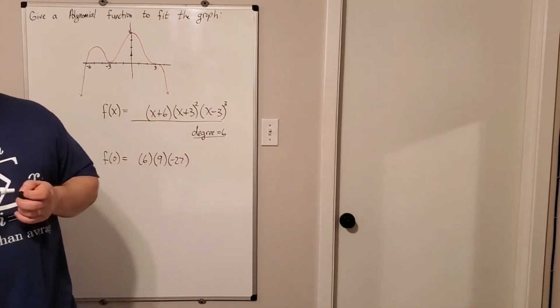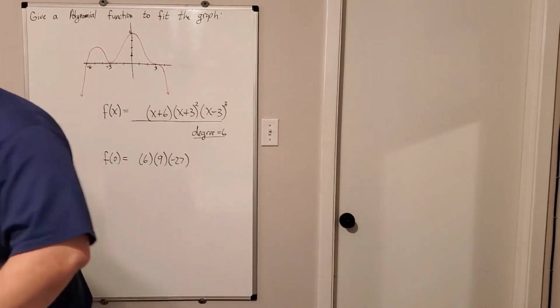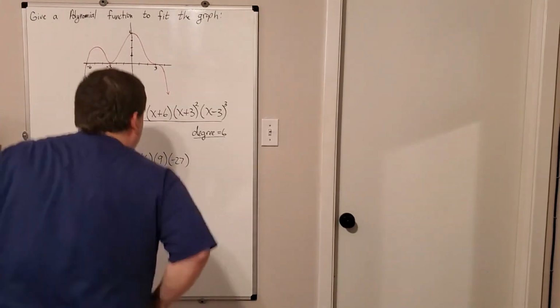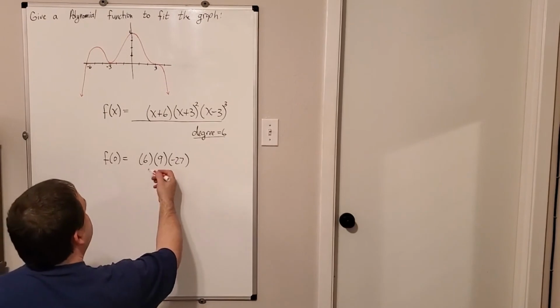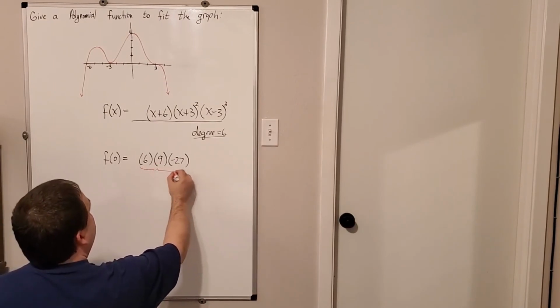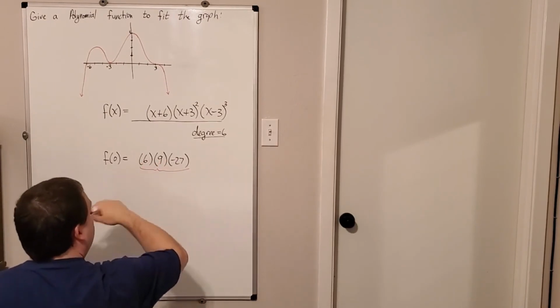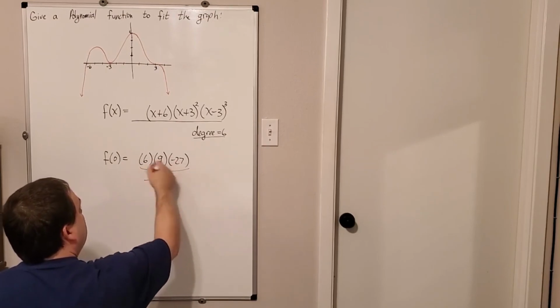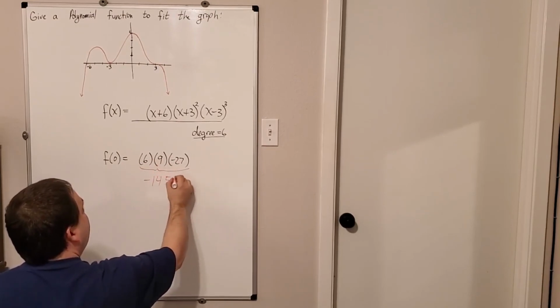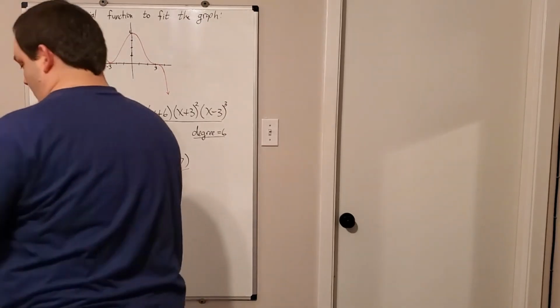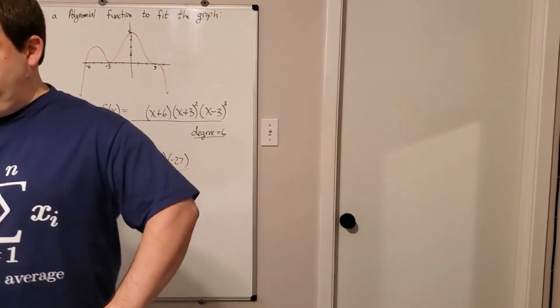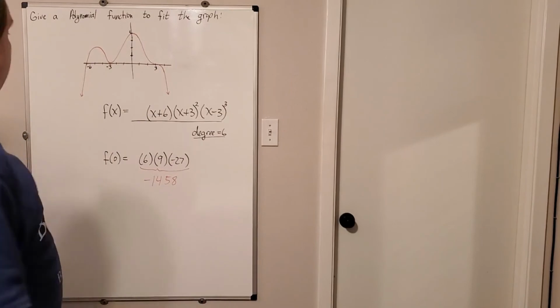So at the moment, this is multiplying to these three, negative, because positive, 1458. Negative 1458, yeah, okay.